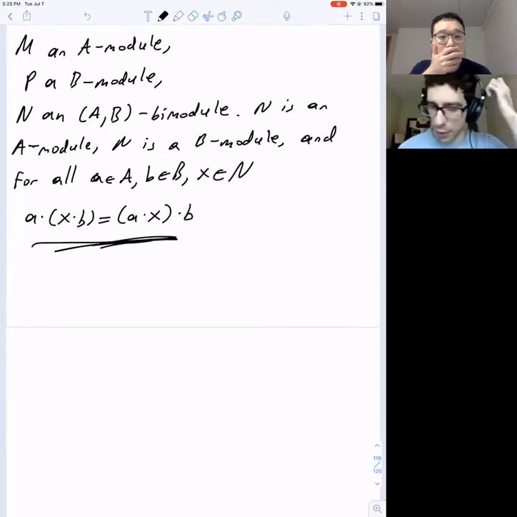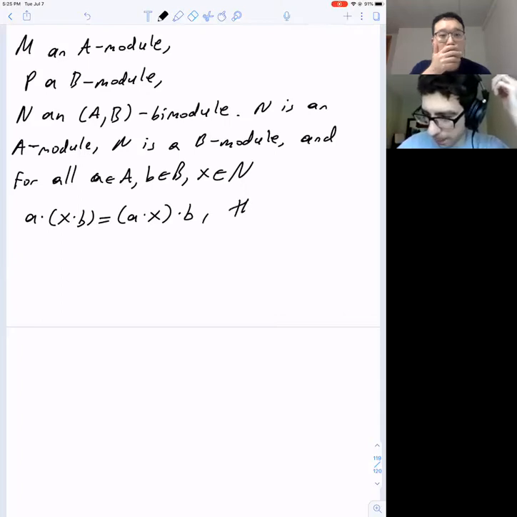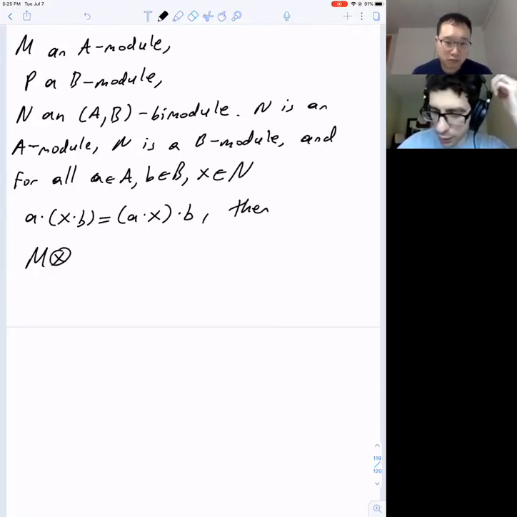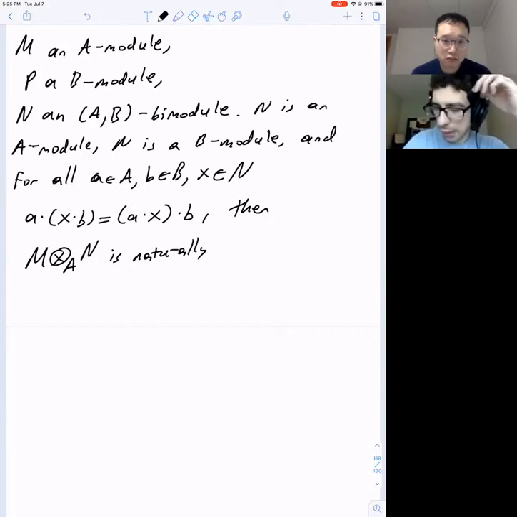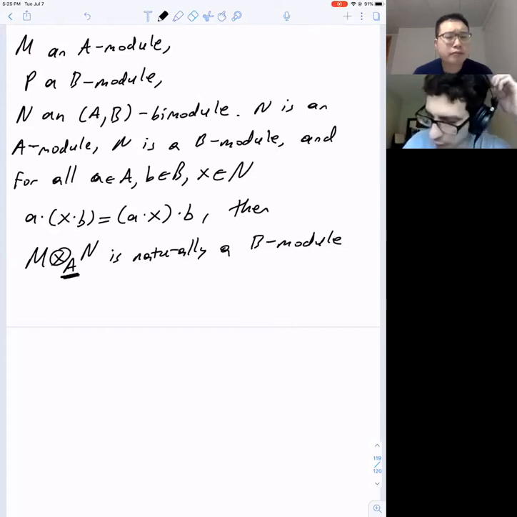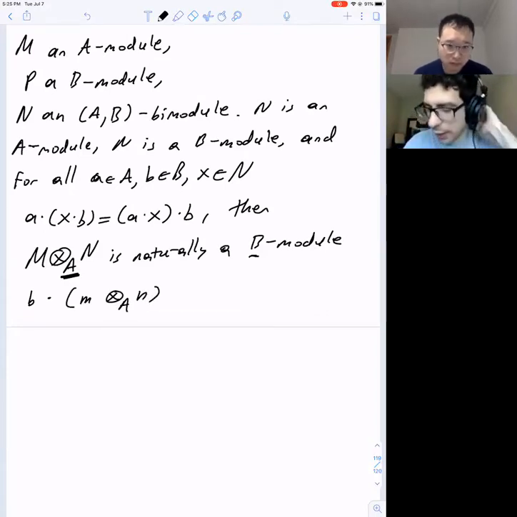So then the statement says that M tensor over A of N is naturally a B-module. So even though there's this A here, it's actually a B-module. How is that true? Because if you multiply any generating tensor by b, you get m tensor bn.